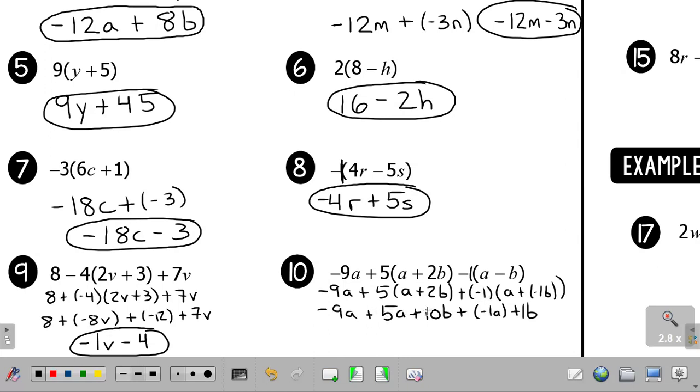So in this case, what are our a's? Well, we got negative 9, 5, negative 1. So in this case, negative 9 plus 5, that would be negative 4 plus negative 1 gives me negative 5a. And then we have 10b plus 1b. That gives me a positive 11b.